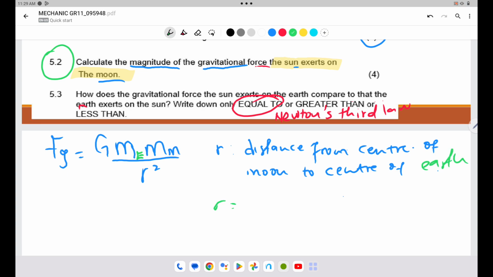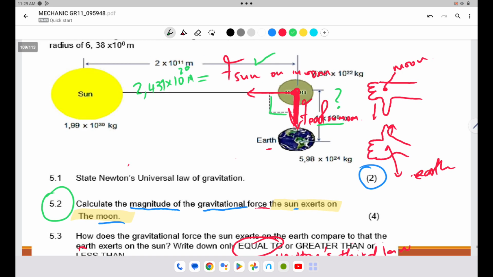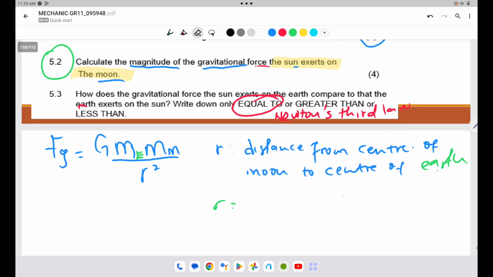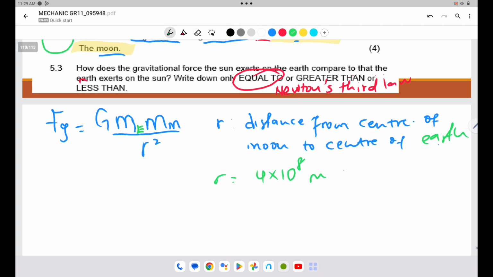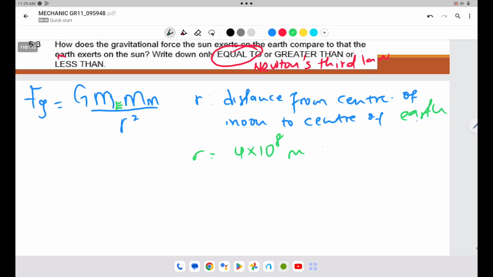Do we have that distance? Let us check from the diagram. The distance was given there. Let me try to erase this so that I can clearly see it. It was given as 4 times 10 to the power of 8. This is 4 times 10 to the power of 8. And we can clearly see from the diagram that this is the center to center distance.